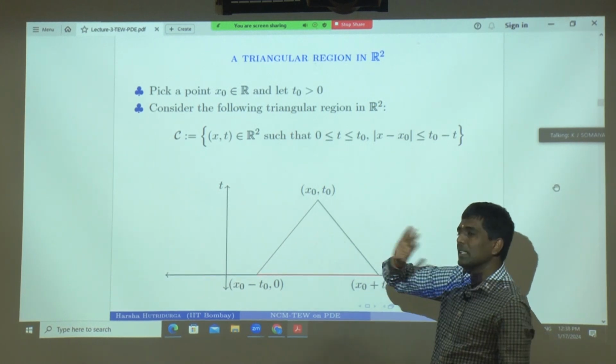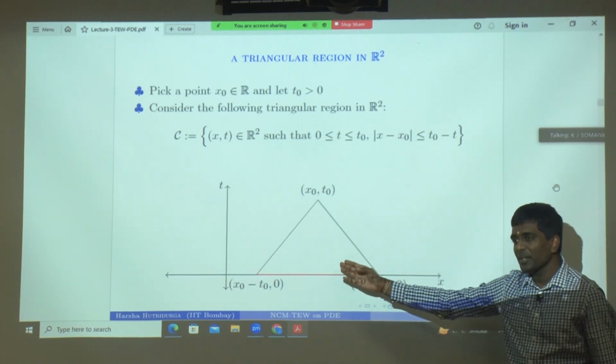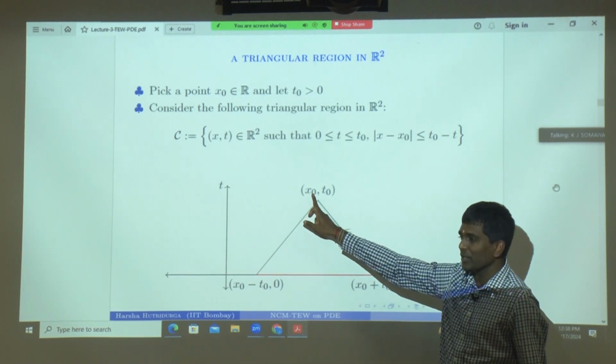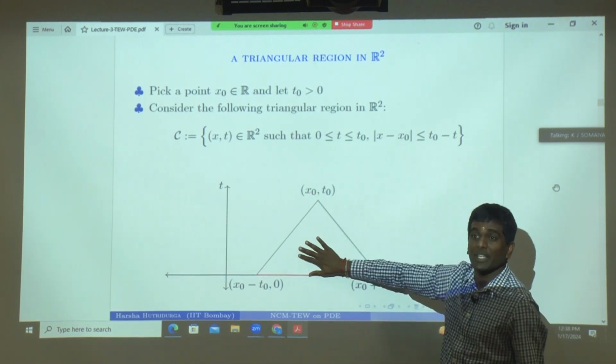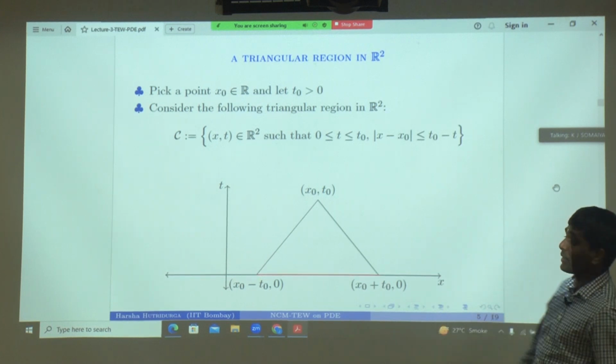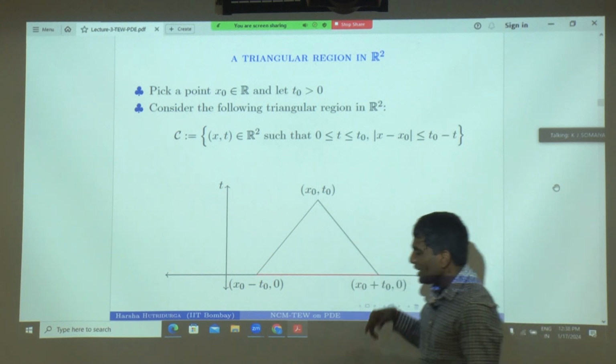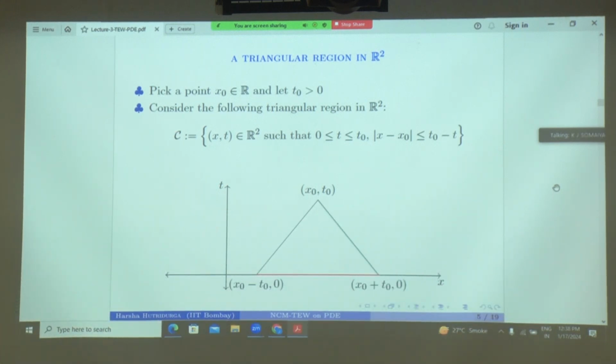It turns out that to understand the wave equation, this triangular region plays a very important role. To understand the solution of the wave equation at this point, you need to know something about this triangular region, and that's what we will try to prove now. So this is where (x0, t0) is, this point is (x0 minus t0, 0), and this is (x0 plus t0, 0).